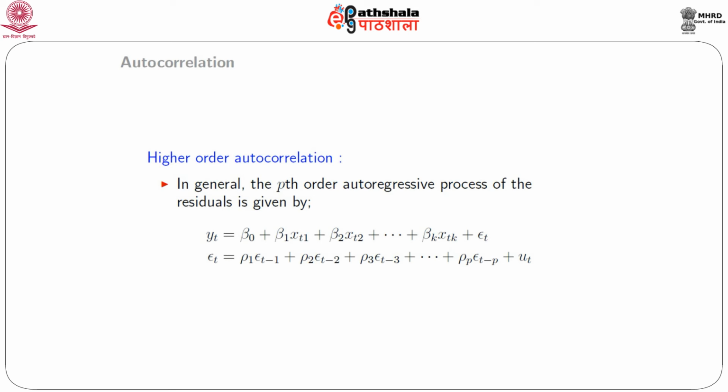We have regressed epsilon t on epsilon t minus 1 all the way up to epsilon t minus p because we consider an autoregressive process of order p.